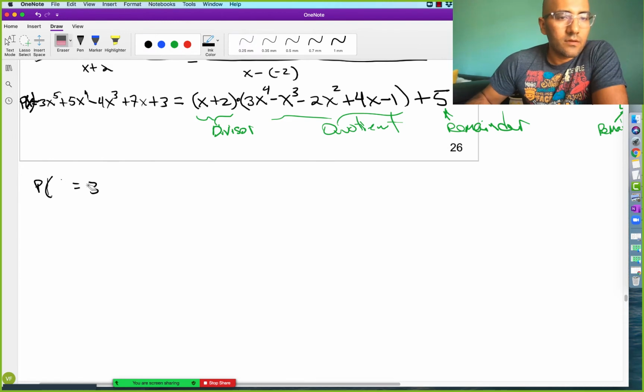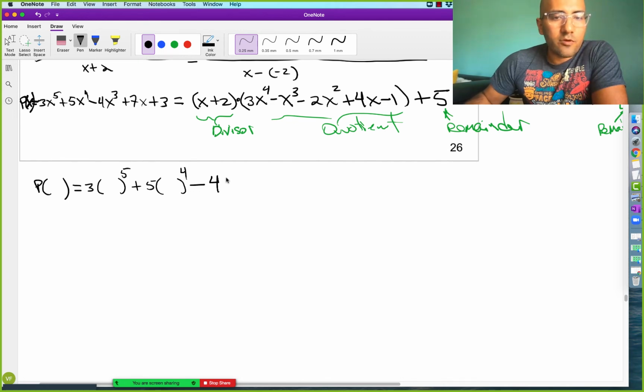So let's not repeat that whole thing. We have blank equals 3 times blank to the 5th power plus 5 times blank to the 4th power minus 4 times blank to the 3rd power plus 7 times blank plus 3.